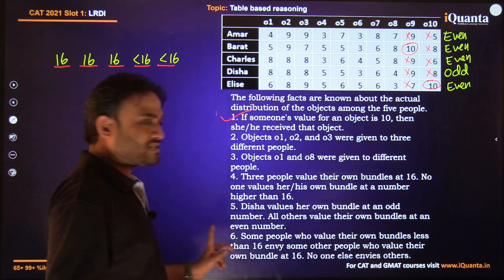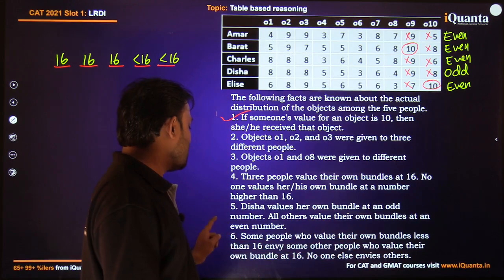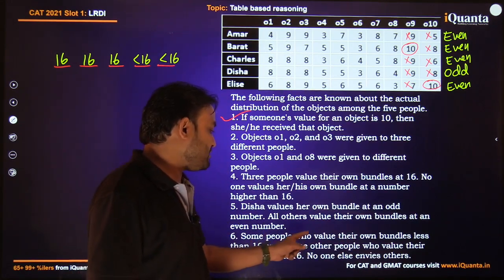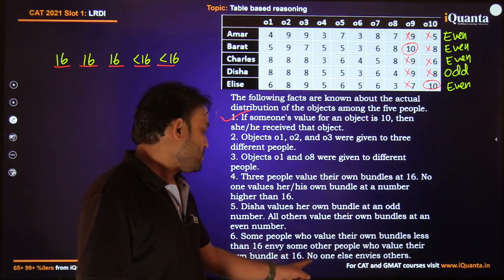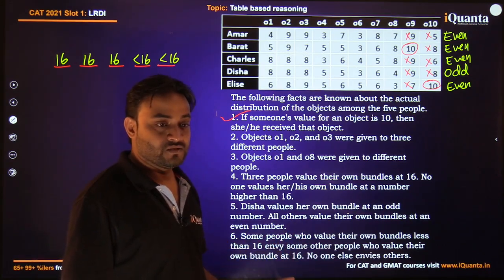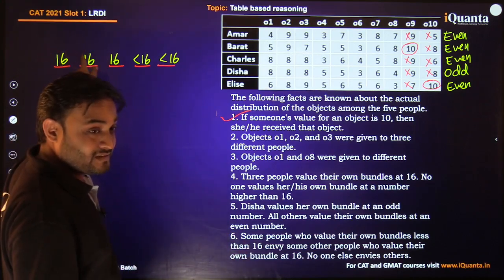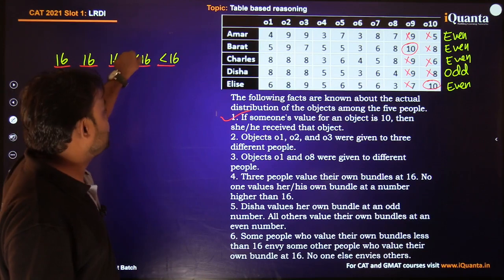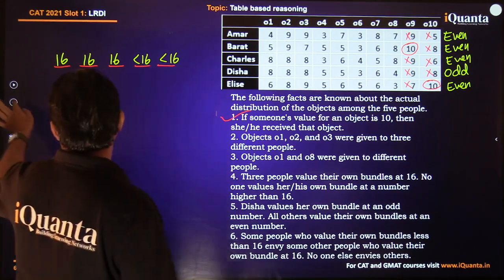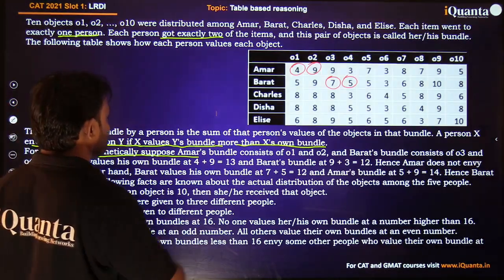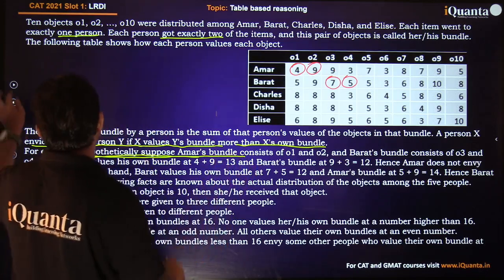Now the last statement says some people who value their own bundles less than 16 envy some other people who value their own bundle at 16. No one else envies others. So only these people who got 16 are envied by these people who got less than 16. We are also going to use this information, as you can see in this example, we will also have to consider this.